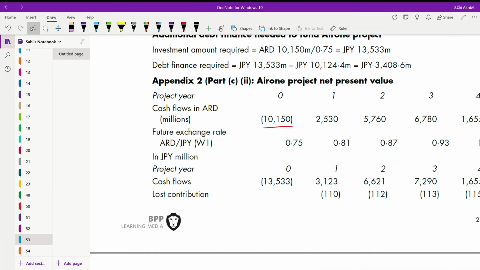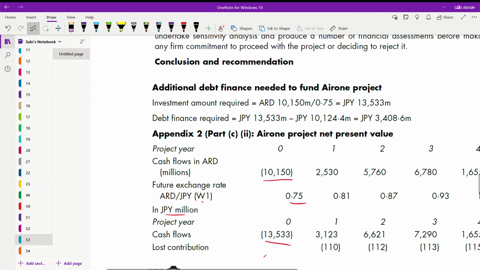This 10,150, you have already calculated the exchange rate using it, convert it to Japanese yen, which will be this much. Out of this, you can utilize this from your future. So additionally, only this much you require by debt.